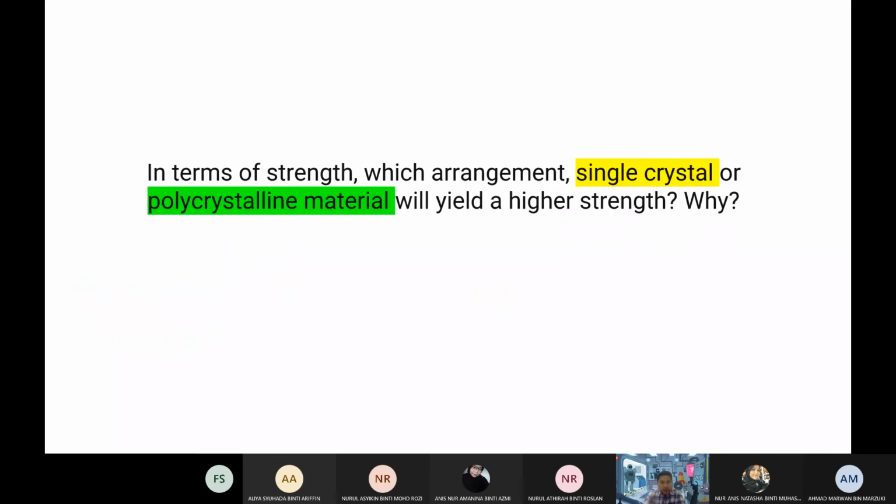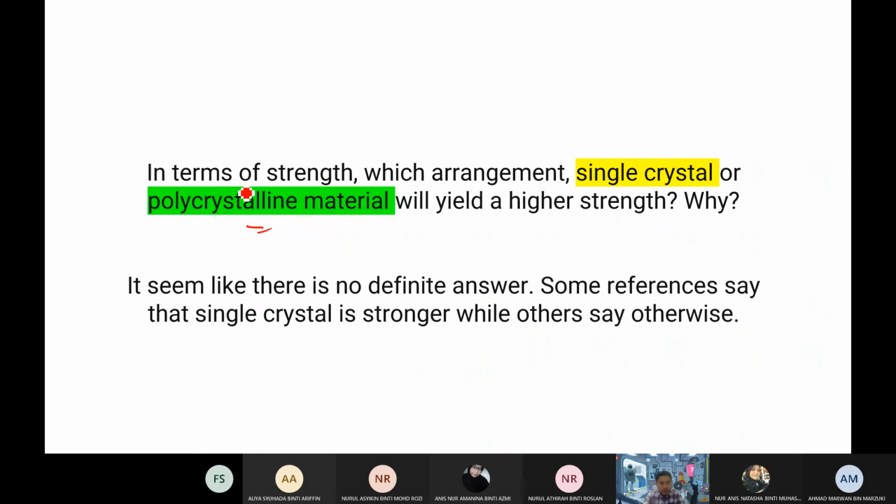Okay, in terms of strength, which arrangement, single crystal or polycrystalline material, will yield a higher strength? There is no definite answer for this question. Some references say that a single crystal is stronger, while others say otherwise.